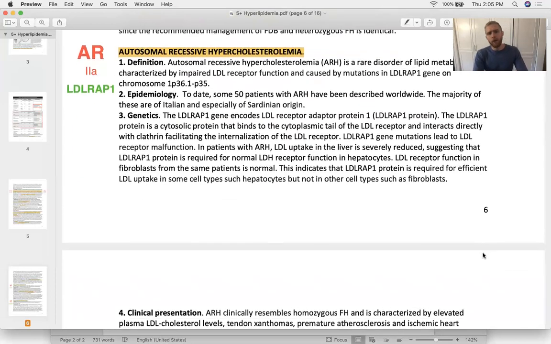Autosomal recessive hypercholesterolemia is going to present with the same symptoms: atherosclerosis, xanthomas, ischemic heart disease. This is a problem in the LDL receptor adapter protein.